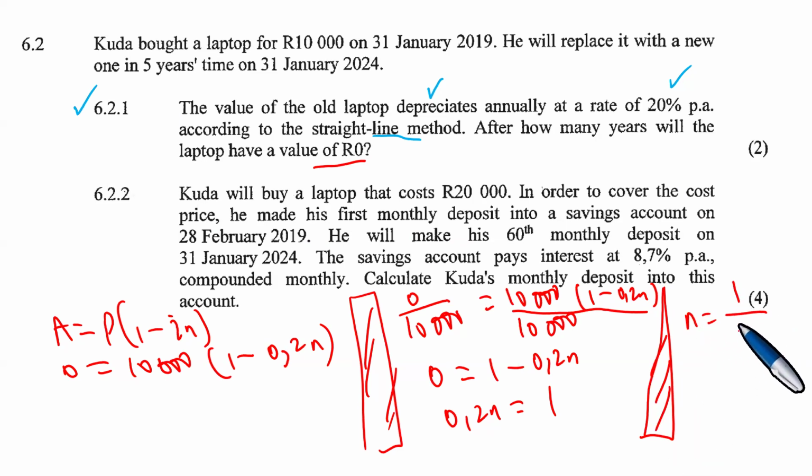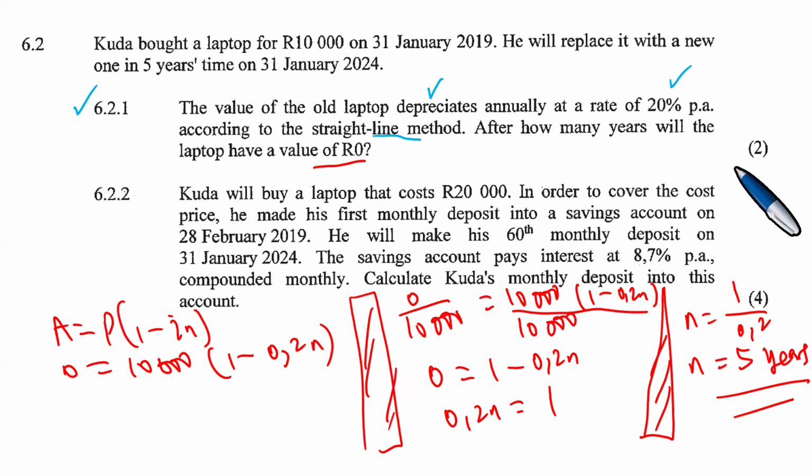And n is 1 divided by 0.2. If you divide 1 by 0.2, you get exactly 5. So it's exactly after 5 years that the laptop will have a value of 0 Rand.